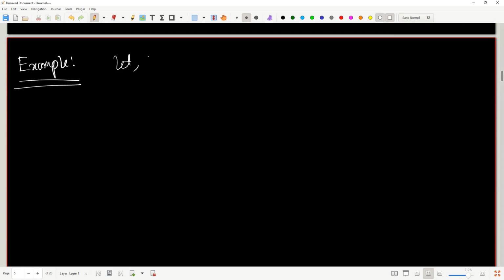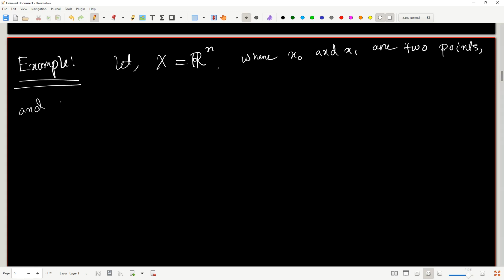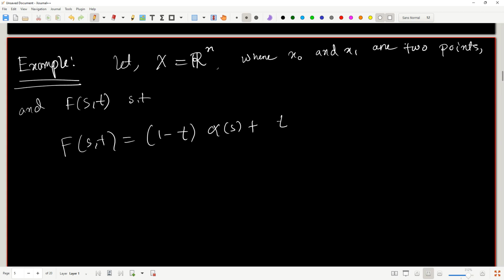If we let x equal R^n, where x0 and x1 are 2 points, and we, let's say, be clever and we define some f of s, t such that f of s, t is given by (1 minus t) alpha of s plus t times beta of s, and you can easily check that this is a homotopic map, or a homotopy, between alpha and beta.